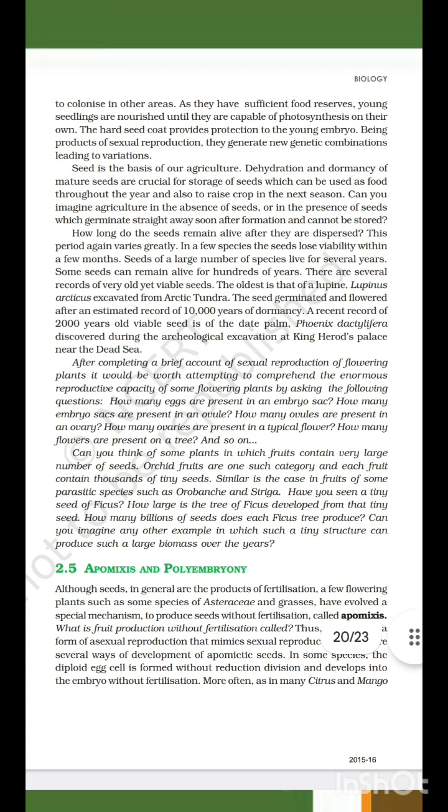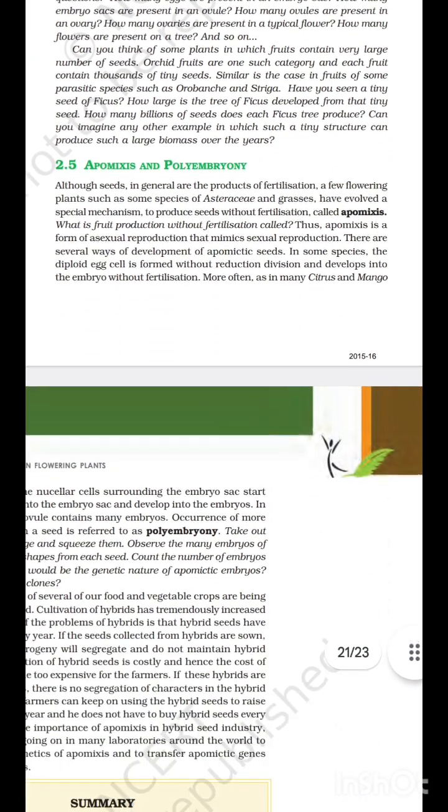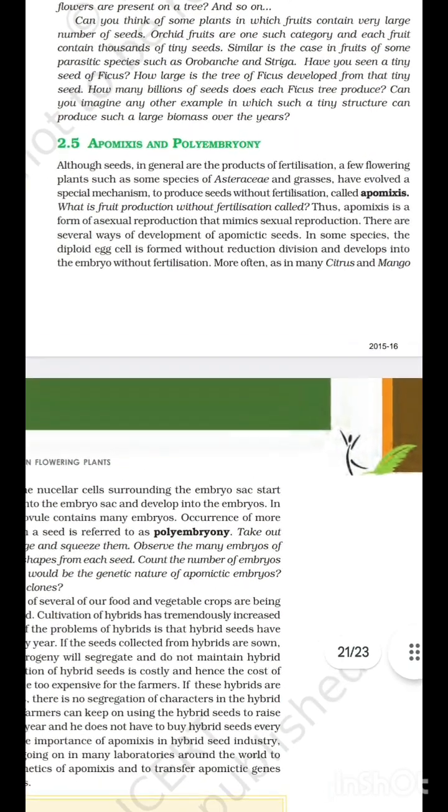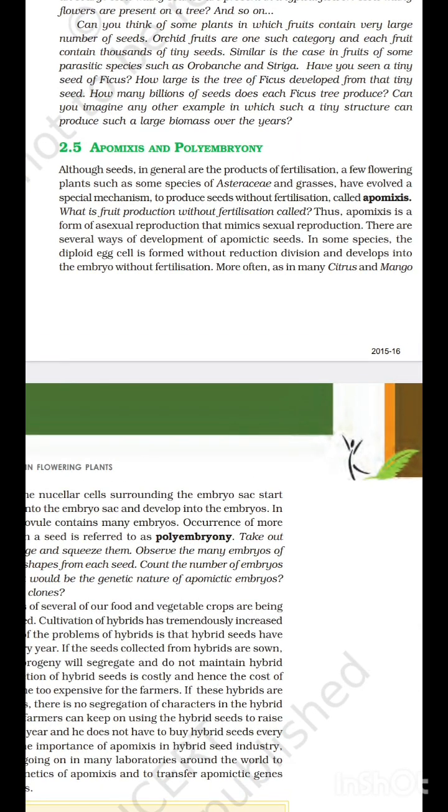So then what is apomixis and polyembryony? Although seeds in general are products of fertilization, a few flowering plants such as some species of Asteraceae and grasses have evolved a special mechanism to produce seeds without fertilization, known as apomixis.